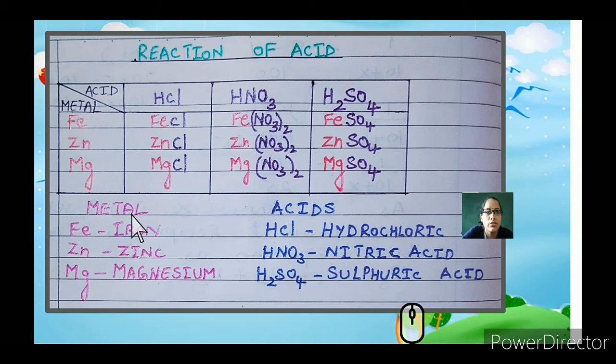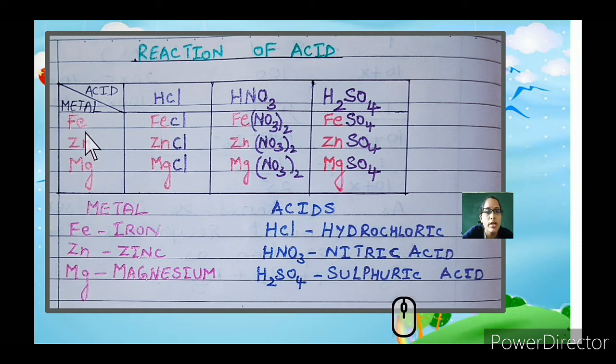Here we will see the reaction of acids. The acids used are hydrochloric acid, nitric acid and H2SO4, that is sulfuric acid, and the metals used are iron, zinc and magnesium. You can see what happens here. We have already seen that hydrogen gas is released at the last.